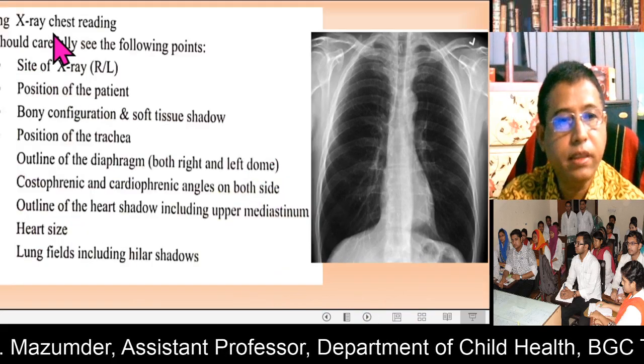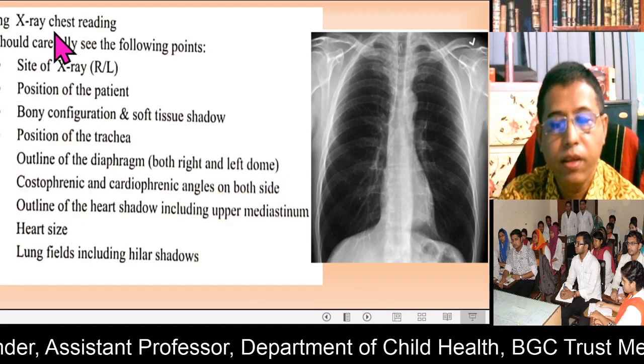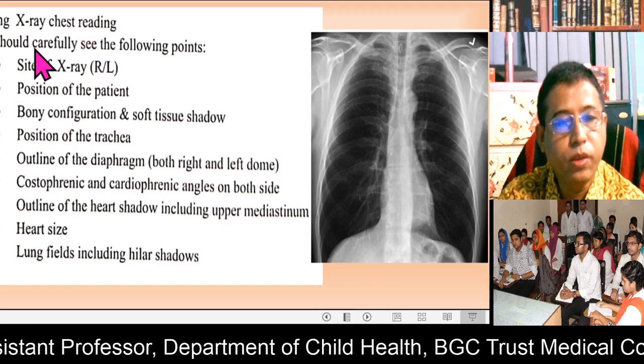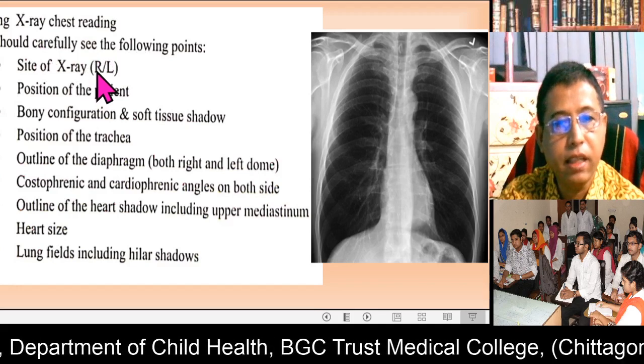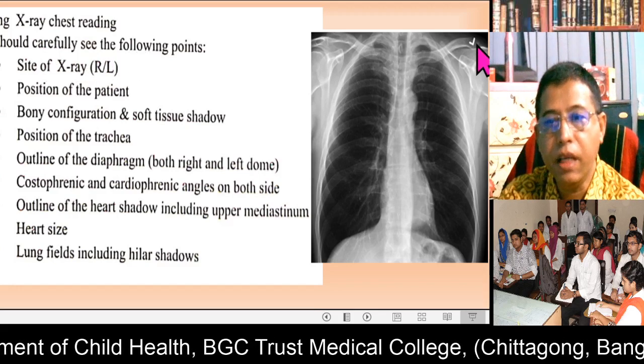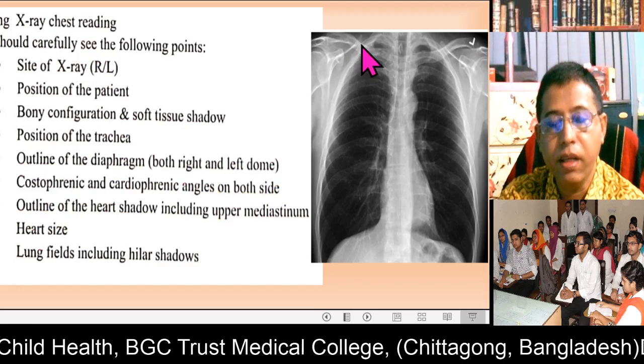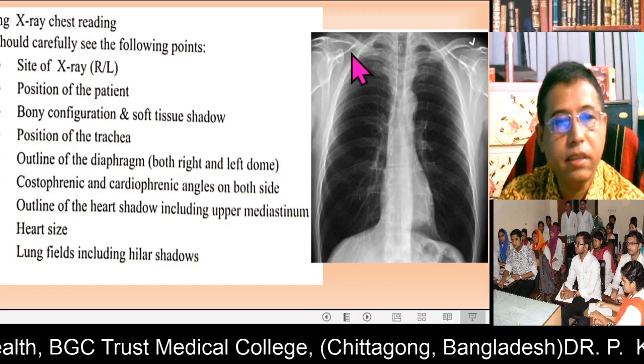Now during chest X-ray reading, you should carefully see the following points. Side of the X-ray, right or left. Here is the left or right mark given in the chest X-ray.